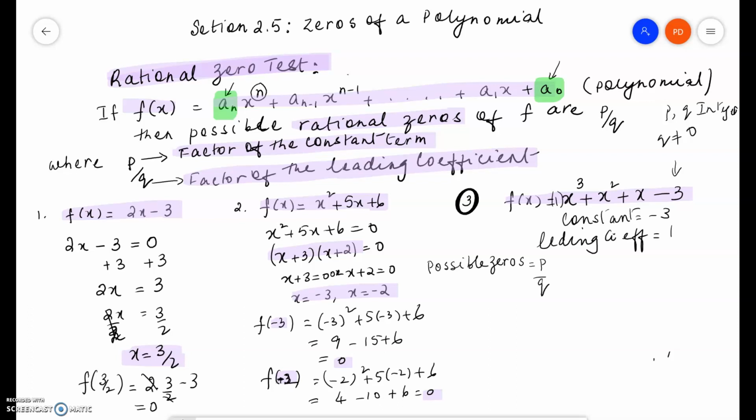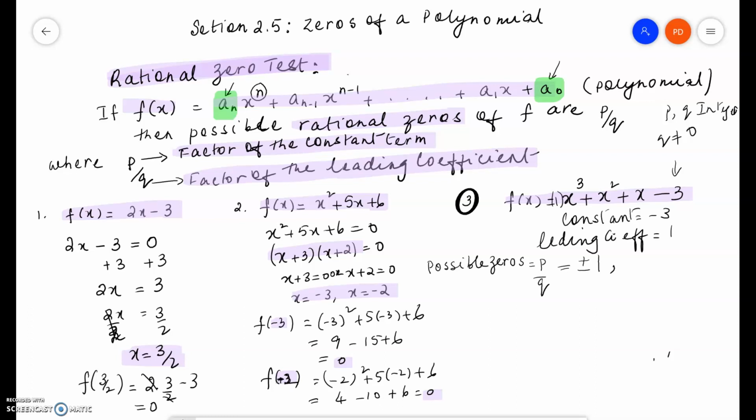So the possible rational zeros are p over q. And p is a factor of the constant term. The constant term here is -3. A number that goes into -3 is called a factor of -3. So both +1 and -1 are factors because both 1 and -1 divide -3.